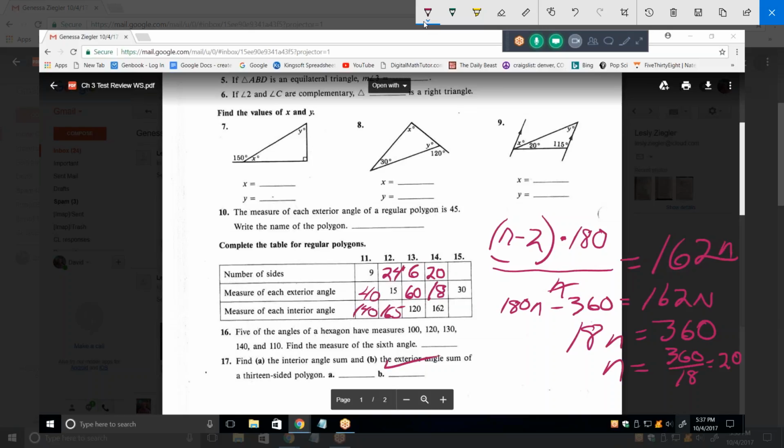In other words, here's my equation. 360 divided by 18 equals 20. Well, I can multiply both sides by 18 and divide both sides by 20, which gives me 360 divided by 20 must equal 18.